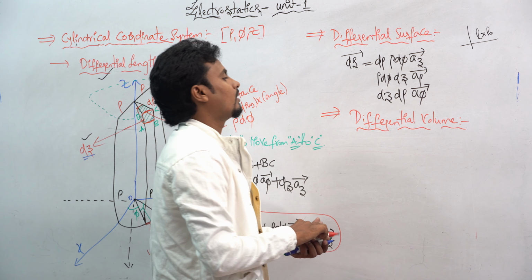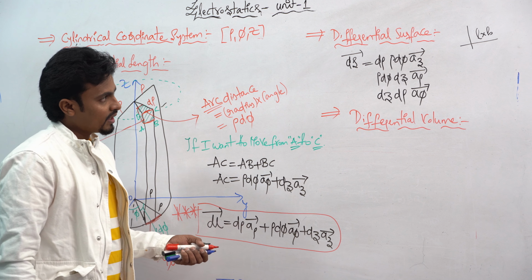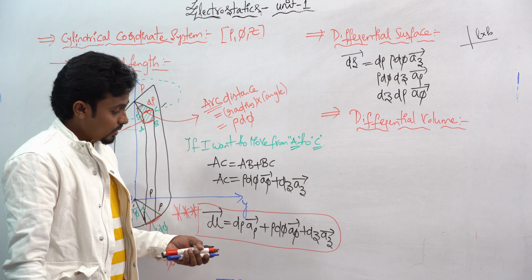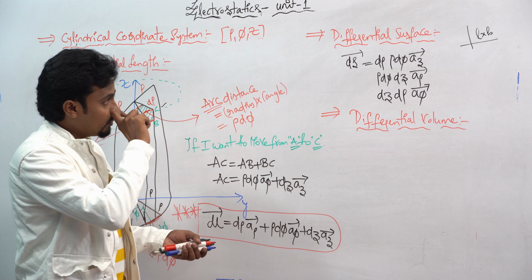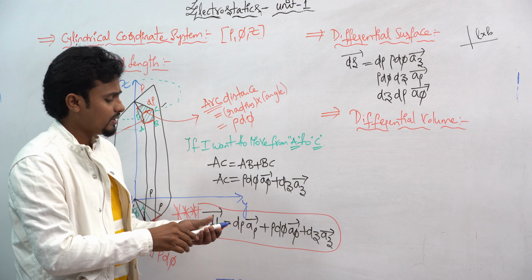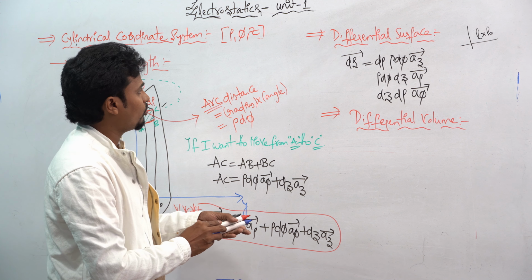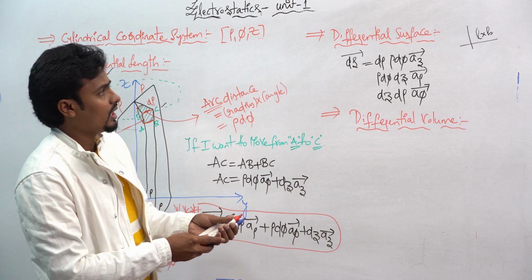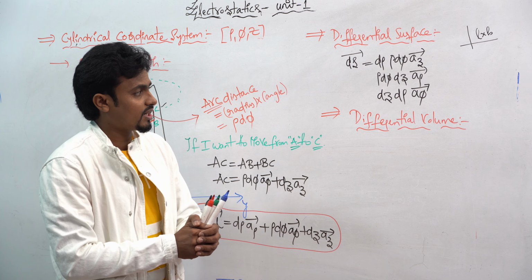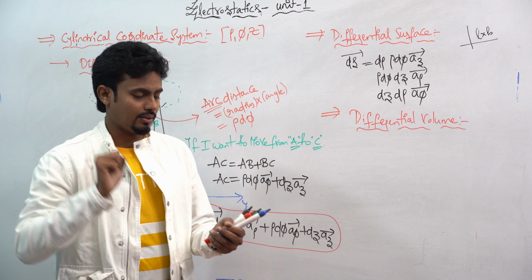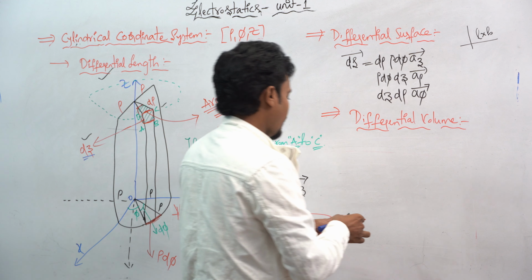One more thing I will tell you: for the differential length you have to do a single integration, for a surface you have to do a double integration, and for a volume you have to do a triple integration, that is, three times integration.